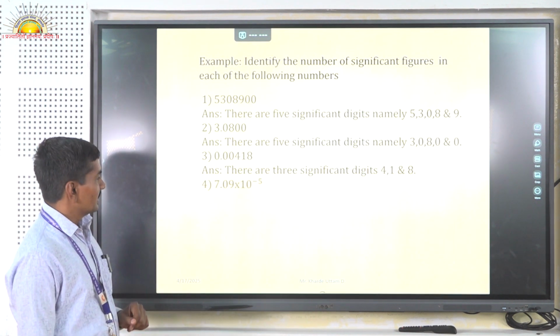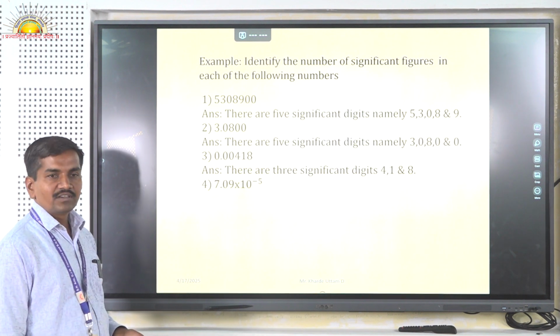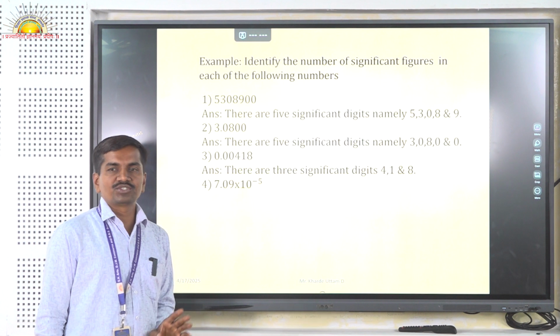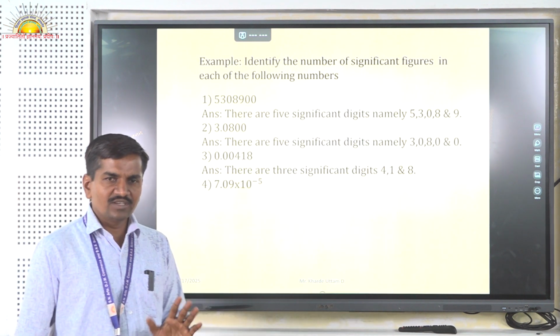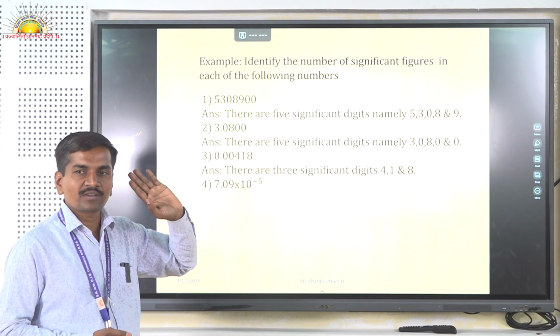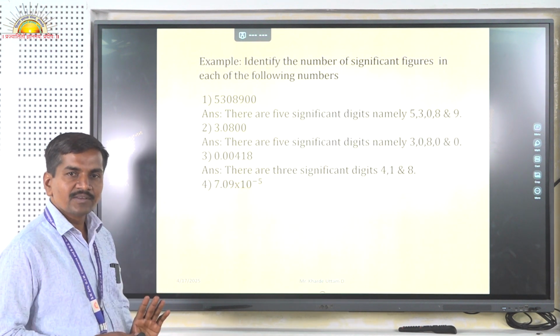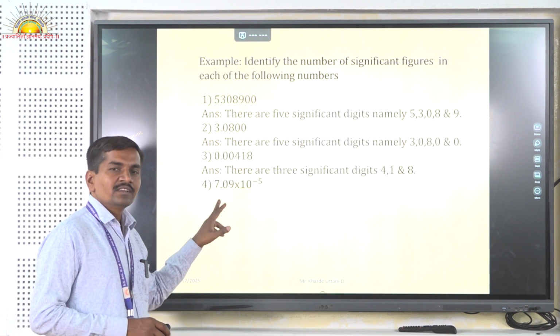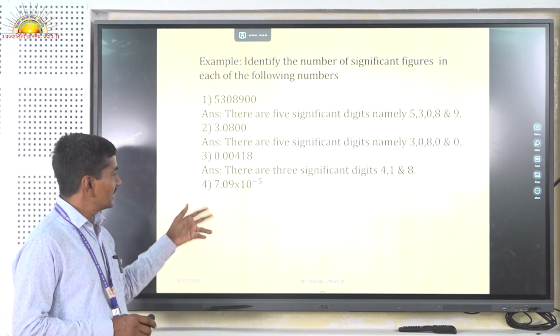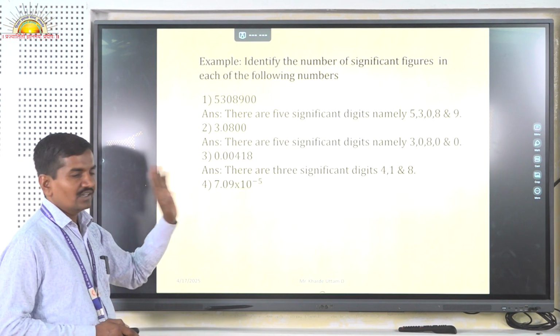Okay. Now let us consider the next number, 7.09 times 10 raised to minus 5. Tell me how many significant digits appear in that number? Any guess? Okay, there are 3 significant digits in the given number, namely 7, 0 and 9.